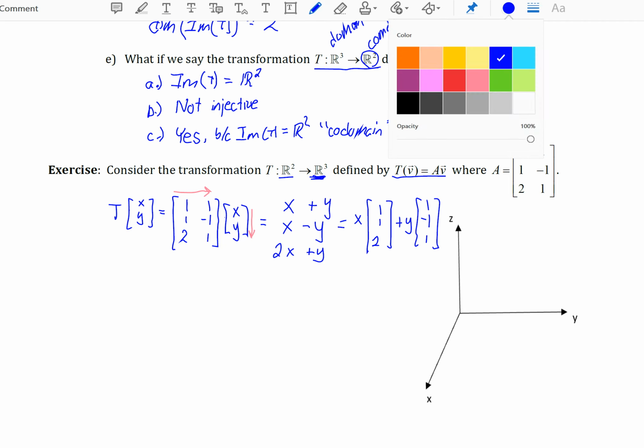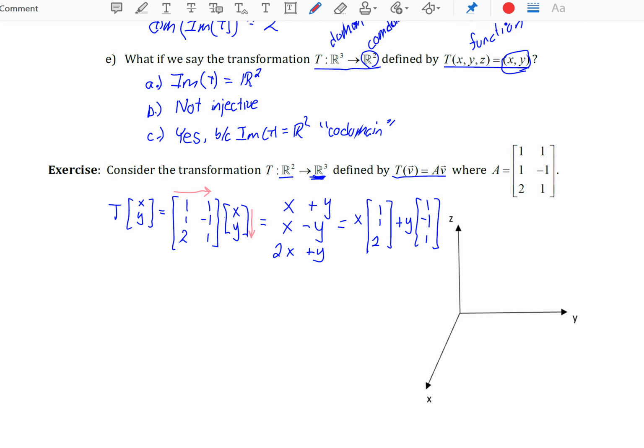Written like this, we can refer to the matrix multiplication as a linear combination of the columns of the matrix A. It's x times our first column of A plus y times our second column of A. So frequently when doing this multiplication, I won't write this middle step. I'll just write the matrix multiplication as a linear combination of the columns of A.